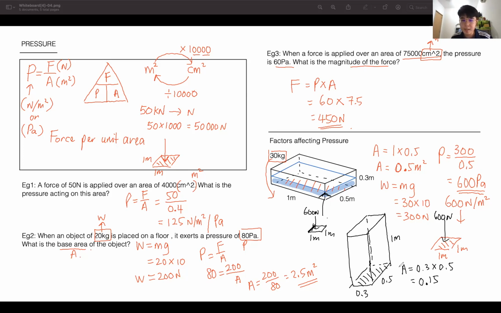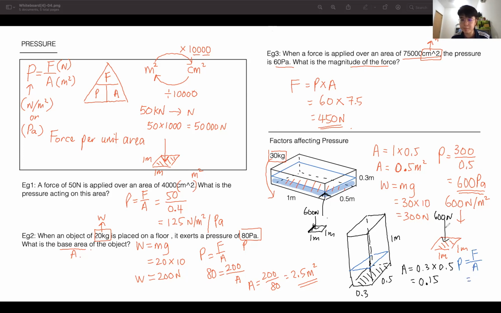Does the force change? Does the weight change? No, it's still half filled with water. Now, if we find the pressure, force divided by area, what is the value of the new pressure?